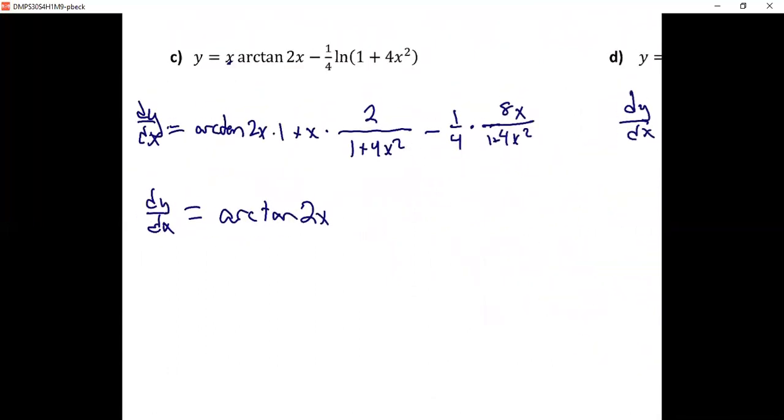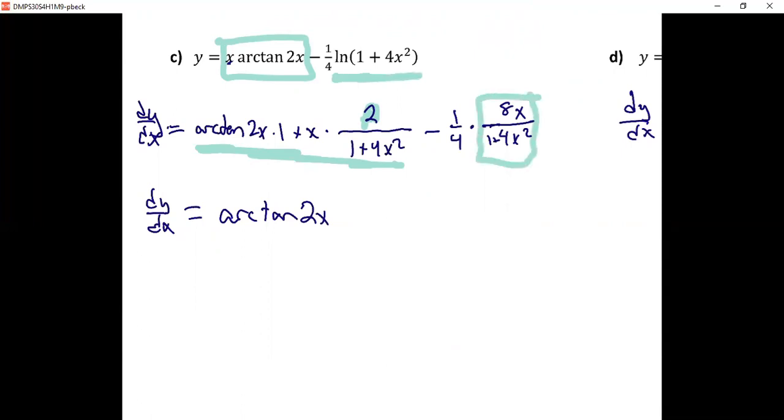Problem letter C, once again, we have that same similar derivative. X arctangent of 2x this time, which means we have a chain of 2. Now the derivative would then be 1 over 4x squared. What I like about this problem is they'll throw a natural log in there. And remember, the derivative of the natural log is 1 over what's inside times the chain of what's inside.